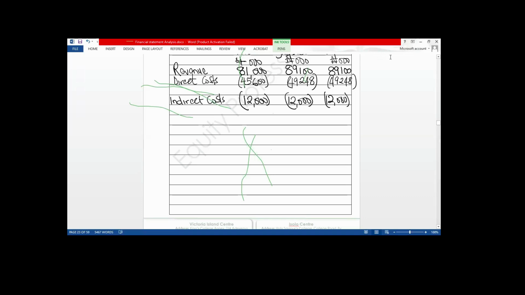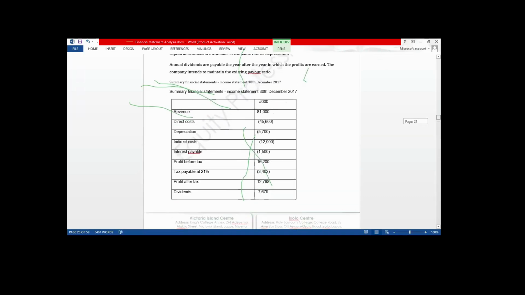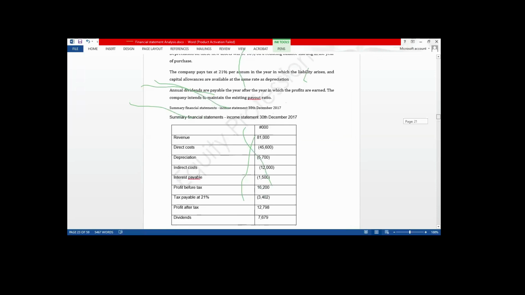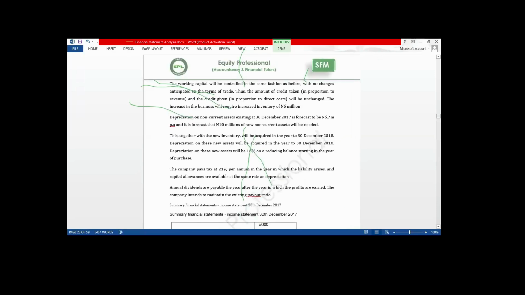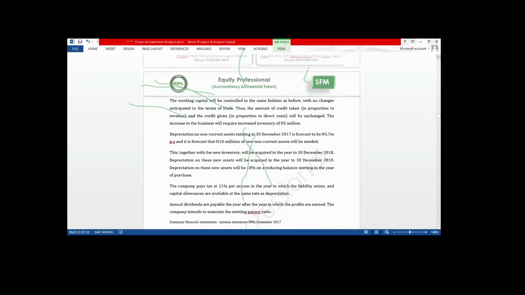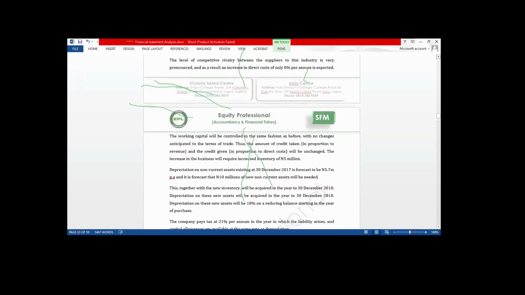We continue from where we stop. All right, the next. The working capital will be controlled in the same fashion as before, with no changes anticipated in the terms of trade.